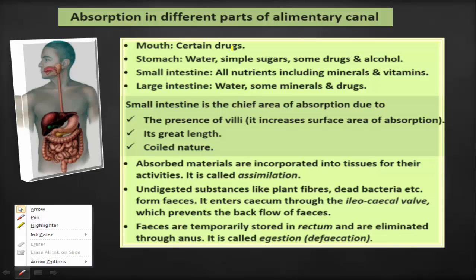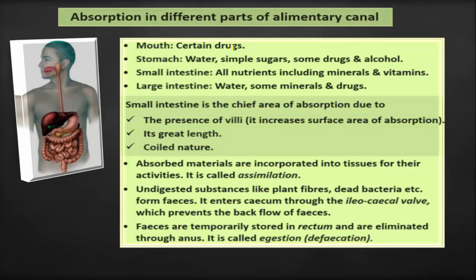So where exactly are which materials absorbed? In the mouth, certain drugs are absorbed. In the stomach, water, simple sugars, some drugs and alcohol get absorbed. In the small intestine, all the nutrients including minerals and vitamins are absorbed.